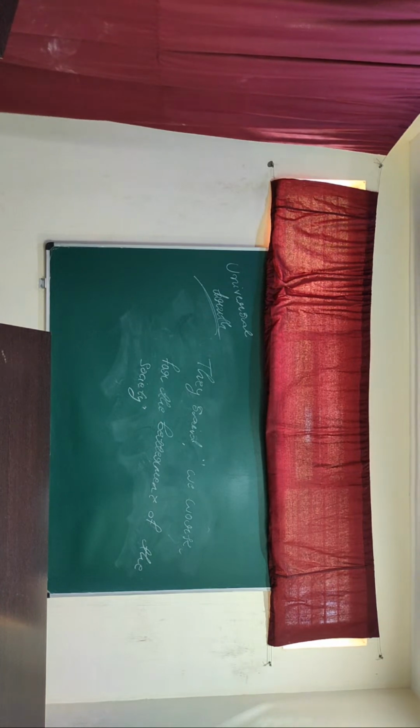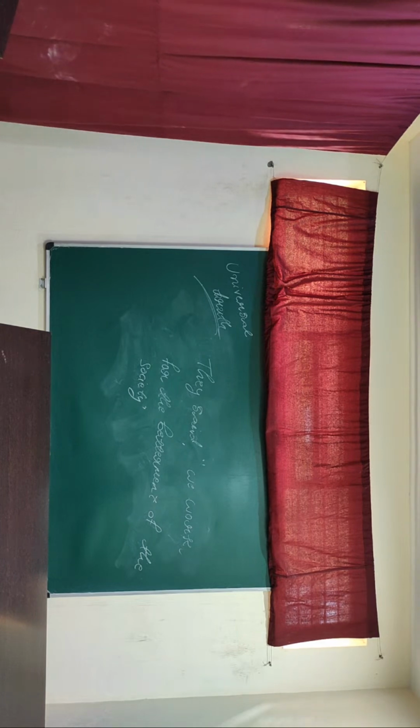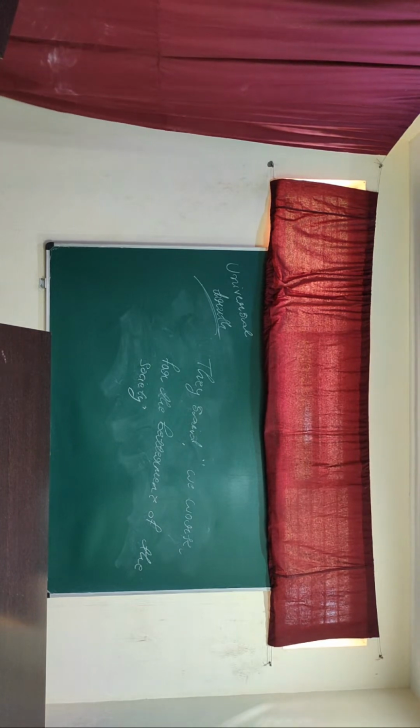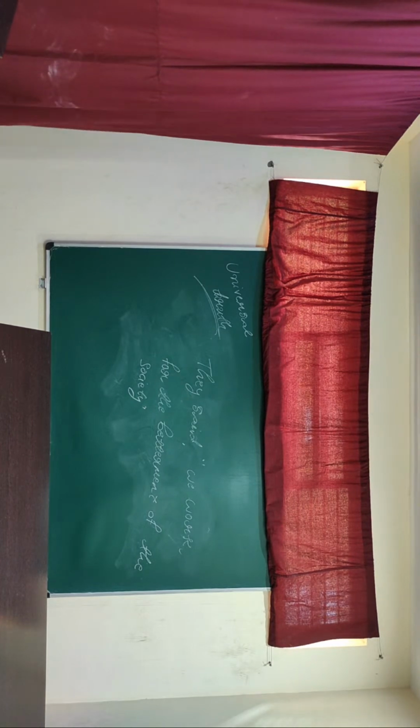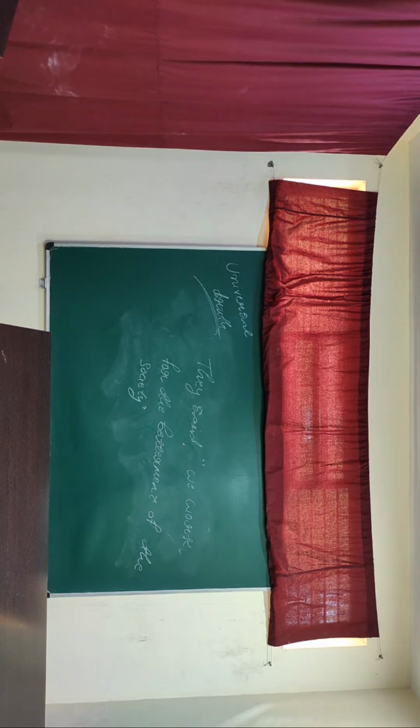Now, why are you saying worked? Because according to the rule, we have to change from present to past, simple present to simple past. I think it is understood. Is there any doubt?